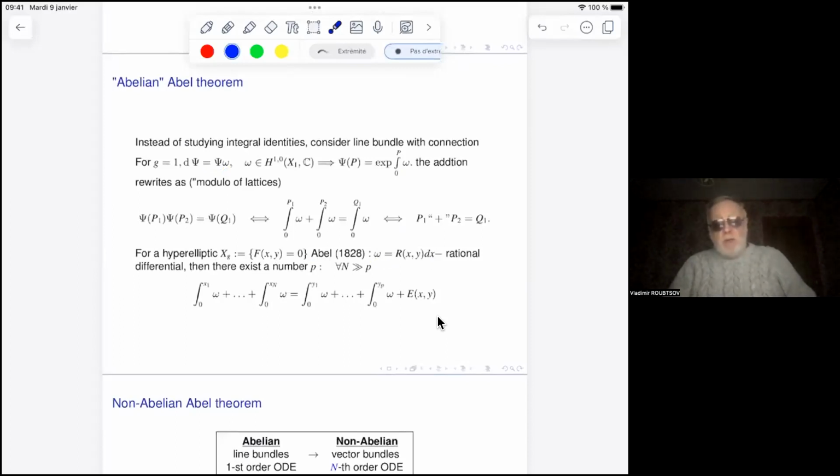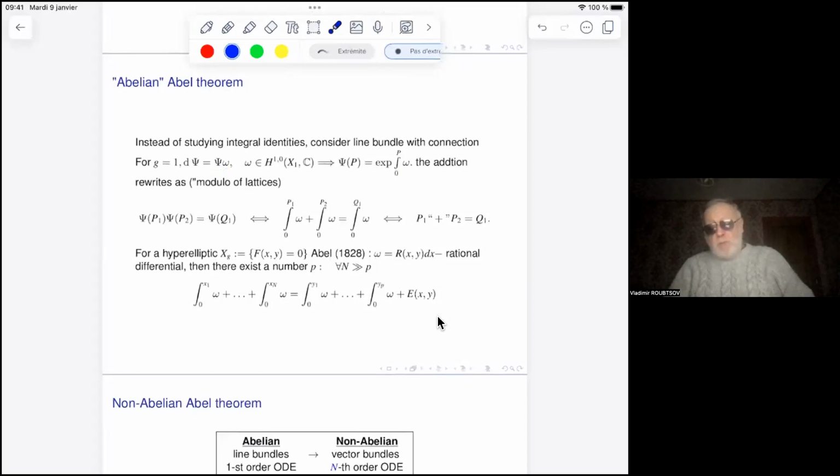And then Abel discovered the following theorem. We can reduce the number of these points and express some of these integrals as a sum of integrals between 0 and p points, where p is substantially less than n.